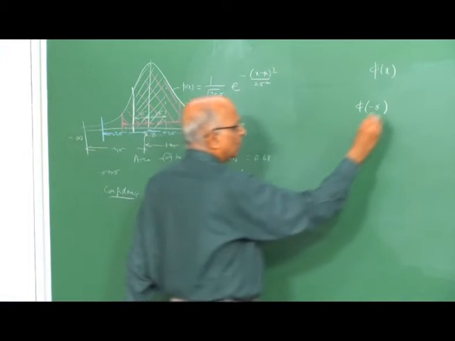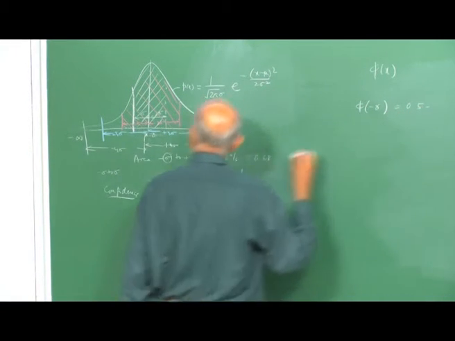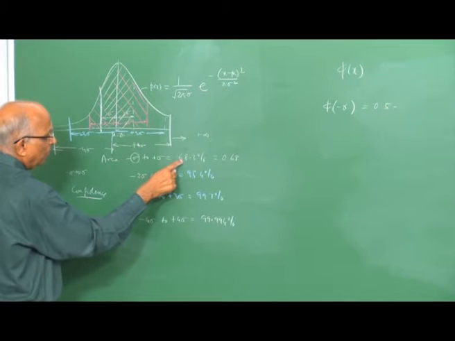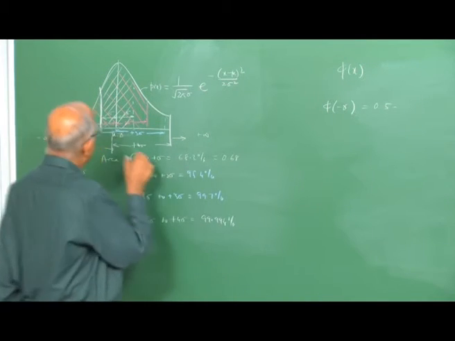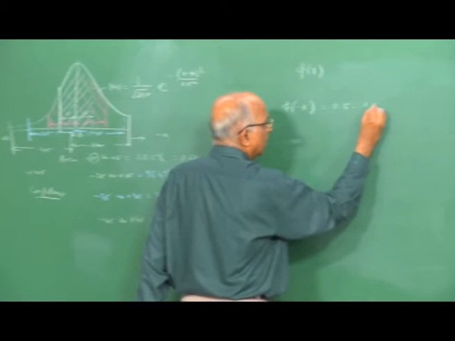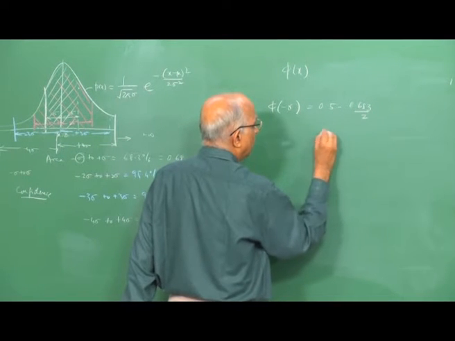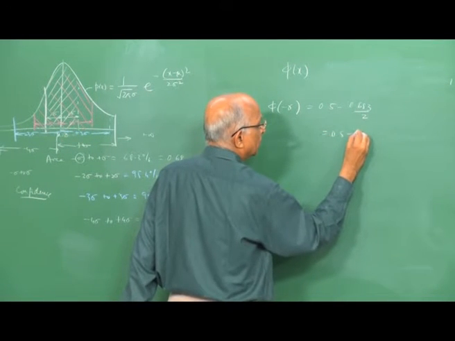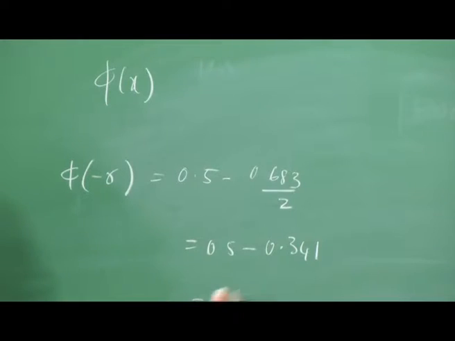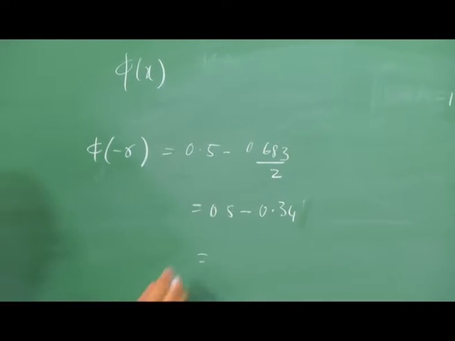Therefore, it is 0.5 minus the total area between minus sigma to plus sigma, which we said is 0.683. I subtract half of it, so 0.5 minus 0.683 divided by 2, which is 0.5 minus 0.34, let us just say 0.34, which is equal to 0.16. This is the value of the cumulative distribution up to minus sigma.